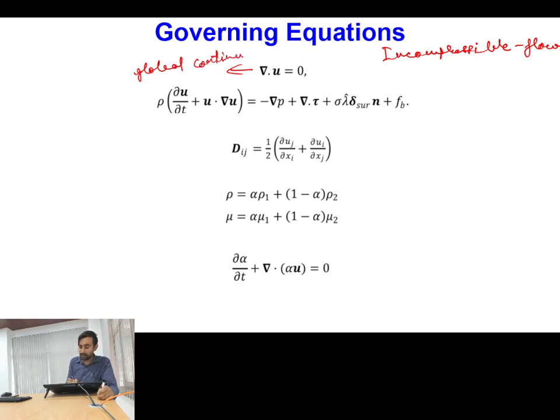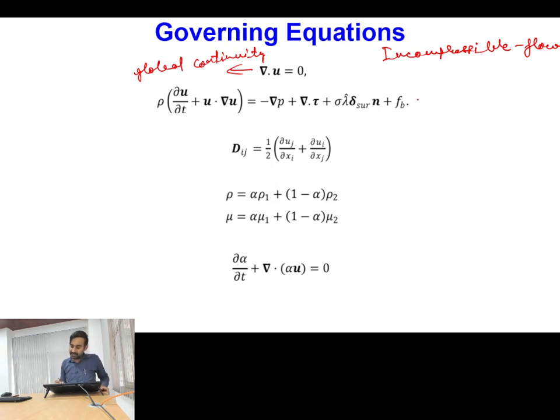So we are not solving the individual phase continuity equations. Individual phase continuity equations we solve only when we have phase change heat transfer involved. If phases are not changing, their identity remaining the same throughout the spatio-temporal evolution of the interface, then we can simply solve the global continuity equation.